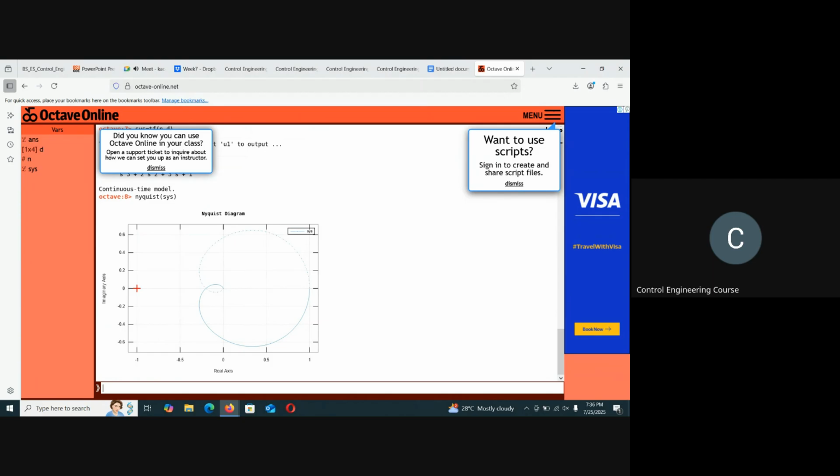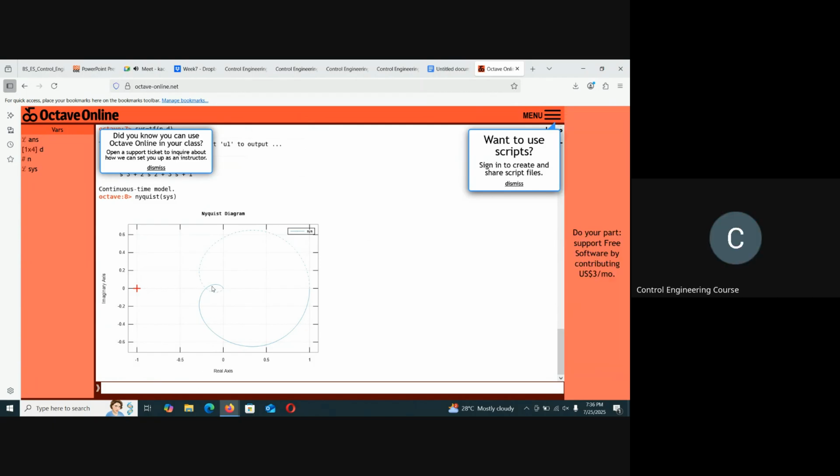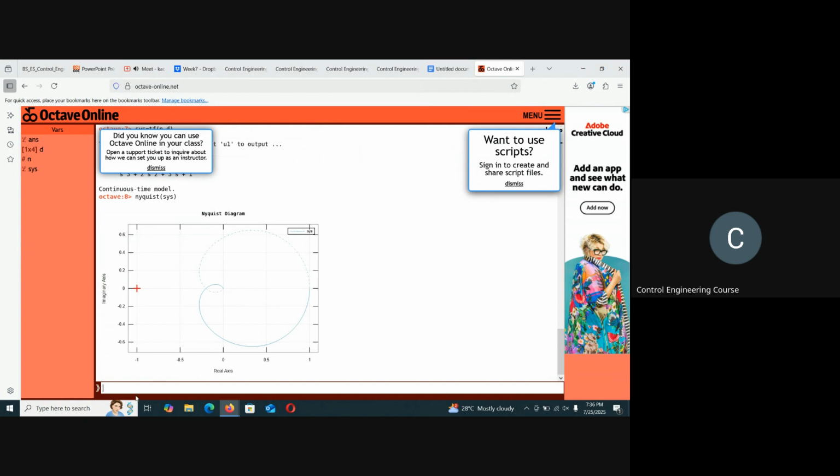Here you see something. So here, as we increase the gain, instead of 1 in the numerator, I'll put, let's say, 10.